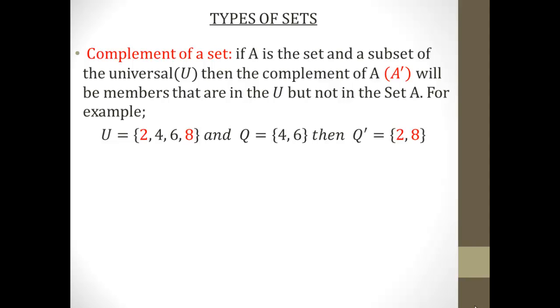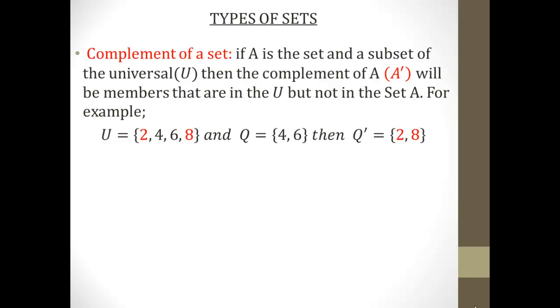So let's take the example under consideration. We have U, which is the universal set, then we have Q, which is 4, 6. So the set Q has members 4 and 6, and then the universal set is 2, 4, 6 and 8.